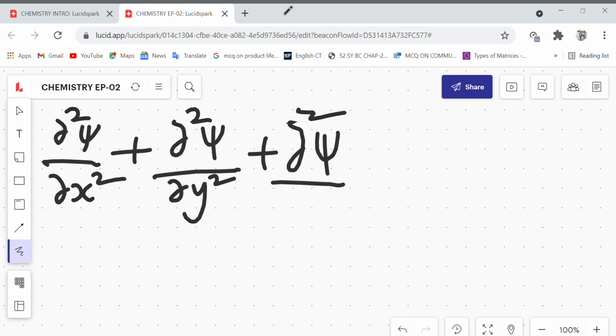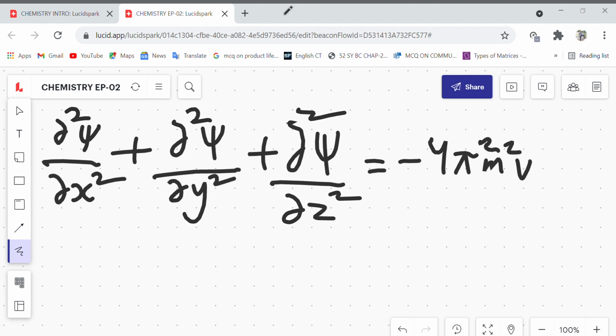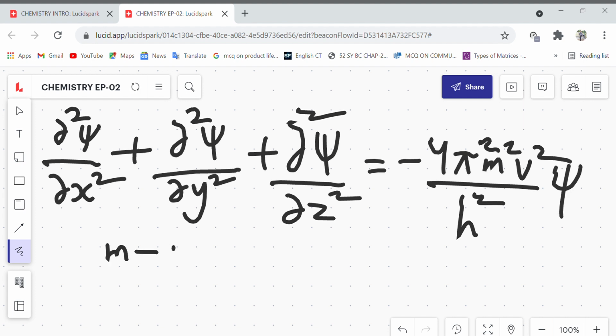Dou square psi by dou z square is equal to minus 4 pi square m square v square by h square whole into psi, where m is the mass and v is the velocity. Done.